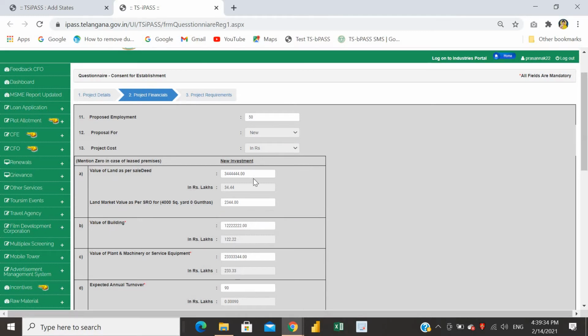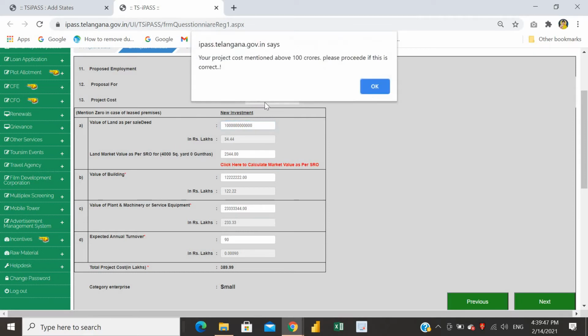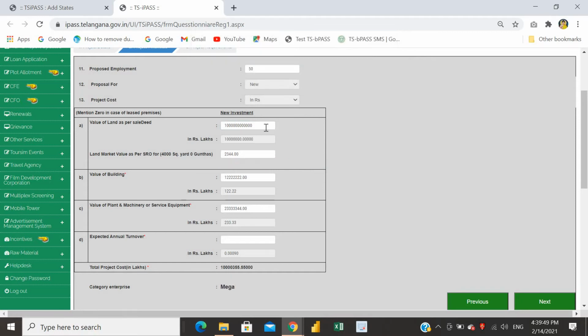What is my project cost? So the value of land as per the sale deed, so I'll give, so in rupees I have given. Land value as per SRO.